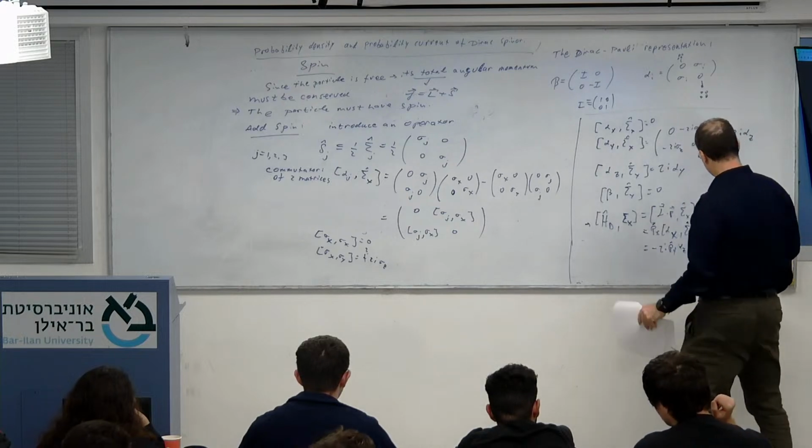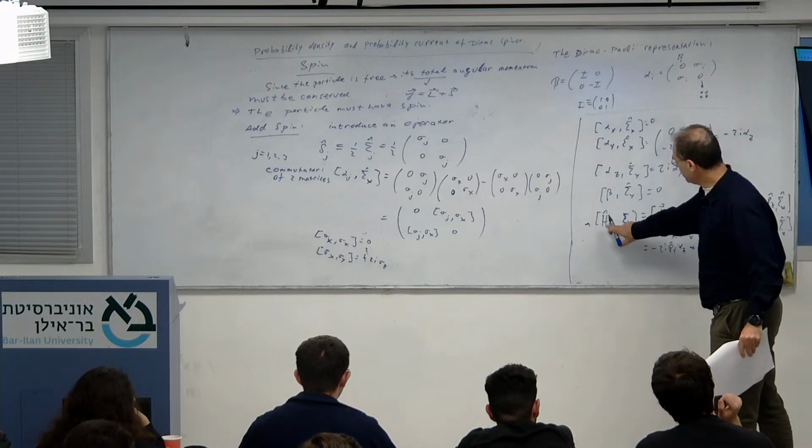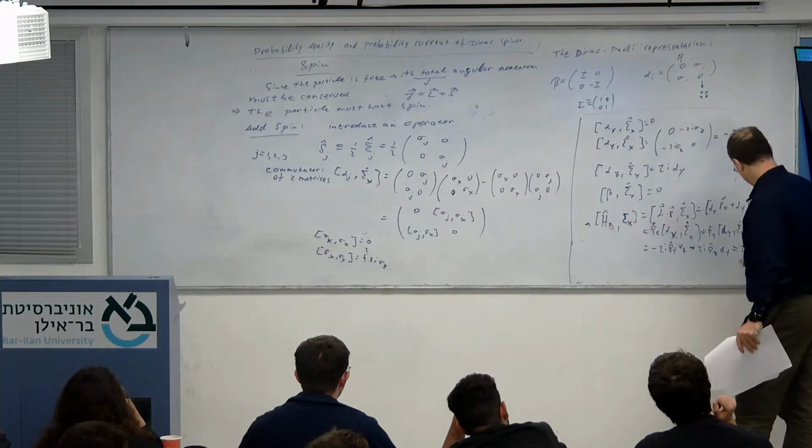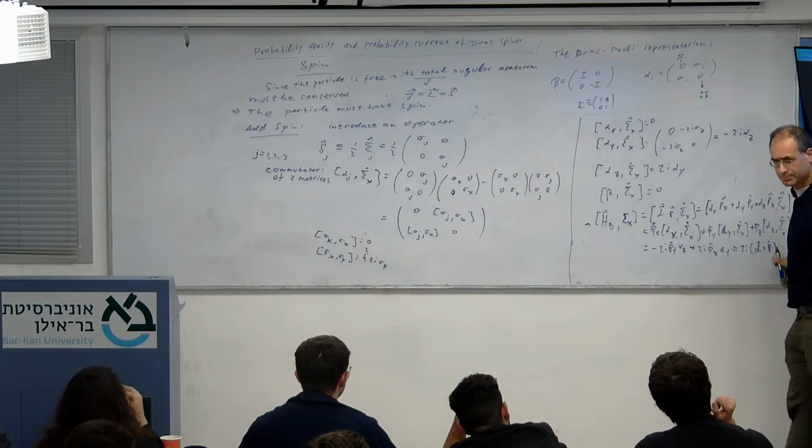So I just showed that the Dirac Hamiltonian commuting with sigma x gives something non-zero.